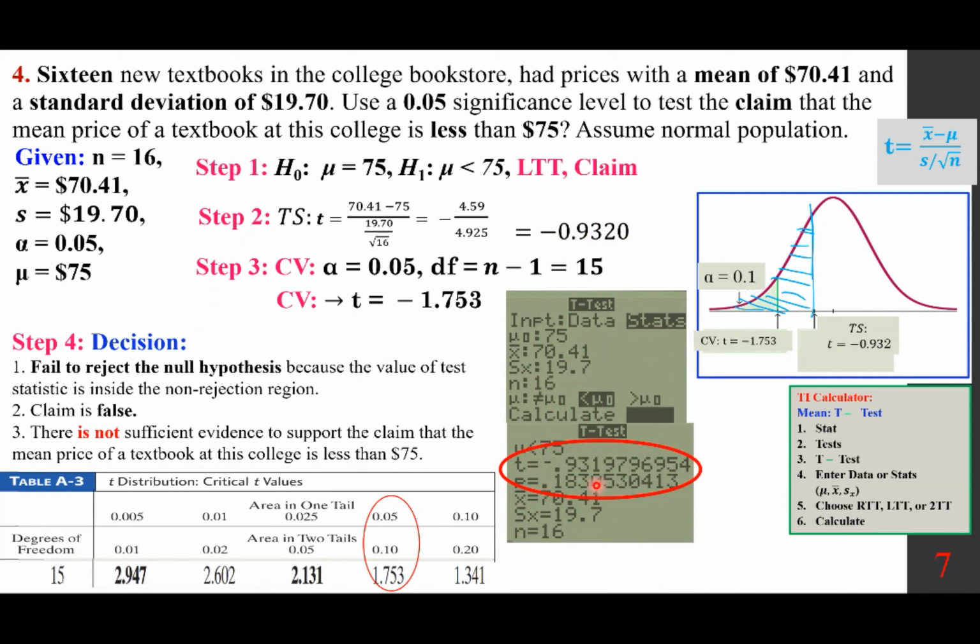Secondly, here's the p-value, 0.183. This p-value, which is the shaded region in blue, is larger than alpha of 0.05, and we get the same decision, which means fail to reject the null hypothesis.